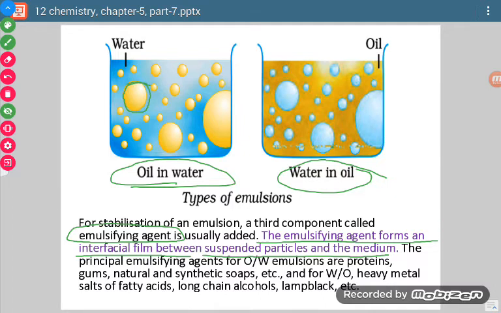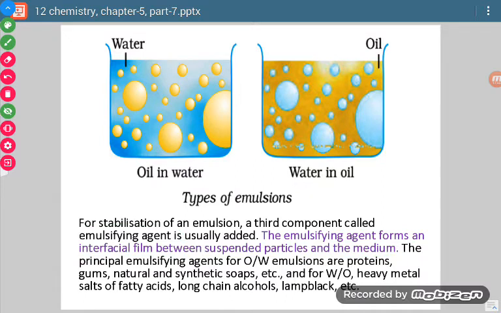What will this layer do? This layer will not let these two molecules come together. In case these molecules come together, they will form a bigger molecule, and that bigger molecule will start settling down, and at last there will be two layers. So these do not combine.